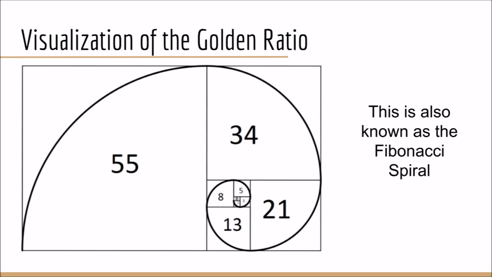Then add the lengths of the squares and create a new square with length 2 alongside the original. Then add the length of the previous 2 squares made, and draw a new square. Keep going with this method, and then draw a half circle from corner to corner of the square. This is the golden spiral, which is also known as the Fibonacci spiral.